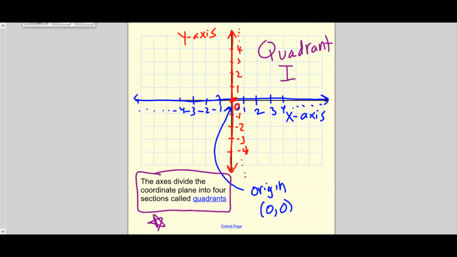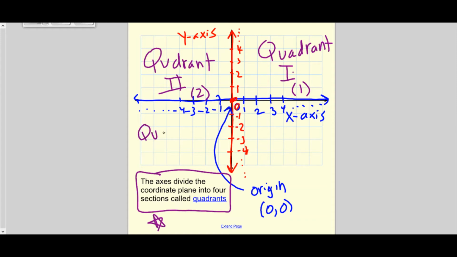Then to the left of quadrant 1 is quadrant 2. So we label it counterclockwise. So quadrant 1 is here, quadrant 2 is here. And if you want, those are Roman numerals that they use, but you could now just use numbers like 1, 2.